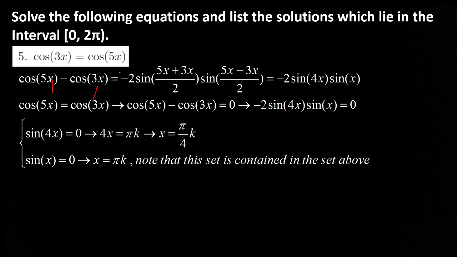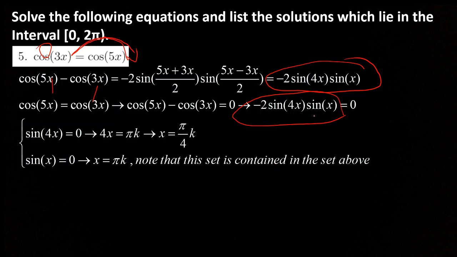So basically, when you move this to this side, one side becomes 0, right? So basically, we have this equal to 0. And either sine is 0 or sine 4x is 0. And from sine is 0, of course, we just said that. Now this one, 4x equals pi k, so x is pi over 4 k.